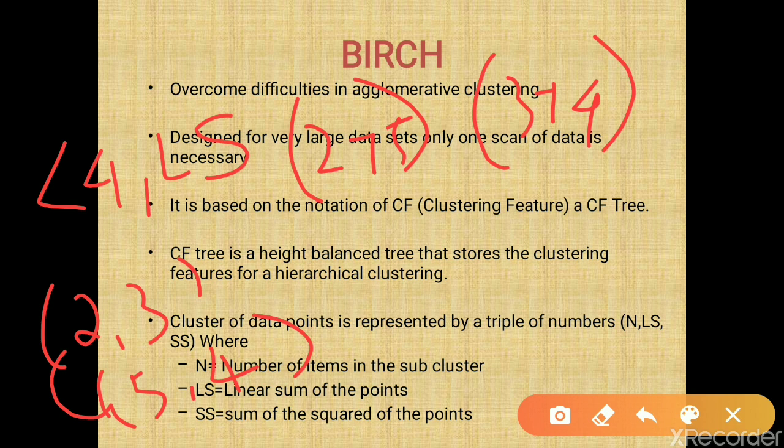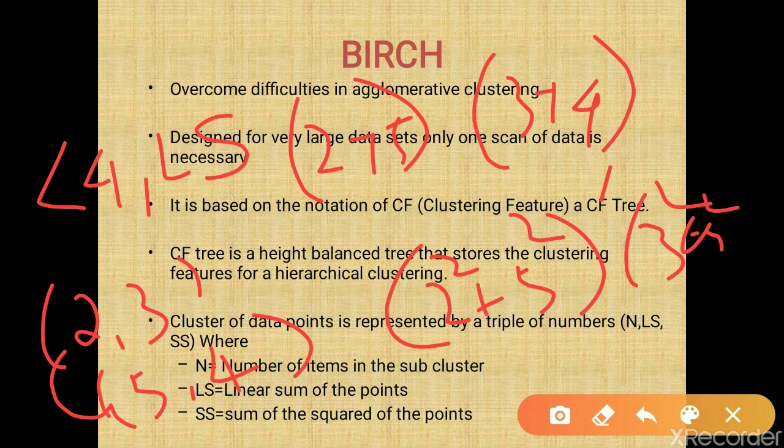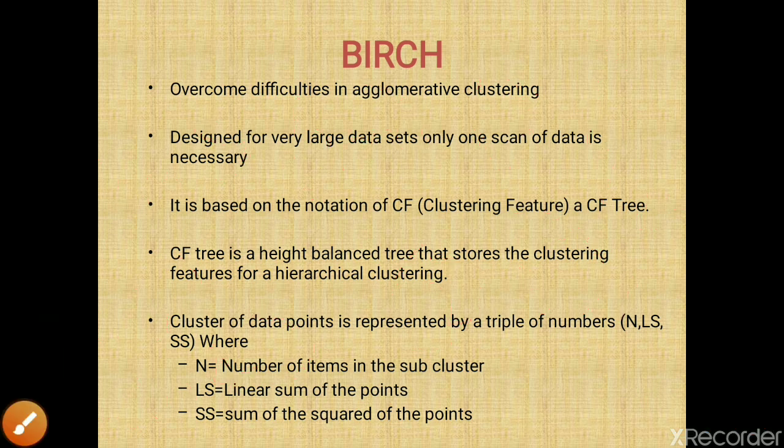Next, to find the square sum: 2 square plus 5 square, then 3 square plus 4 square. This is the way of finding the clustering feature.